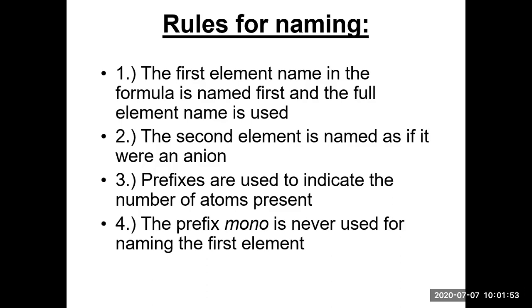Now, the second one is named just like normal with the -ide at the end of it. And the second one, just like we've been doing, we drop the last part of that nonmetal and put that -ide in. And then for both names, in most cases, we use the appropriate prefix.